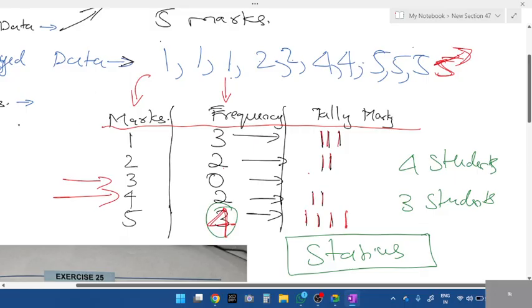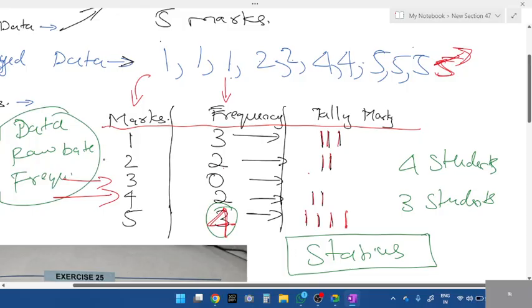In the same way, data: raw data, arrayed data, ascending order, descending order, frequency distribution table, all this put together. Whatever we study from this table, that study is known as statistics. Is this clear? Understood?